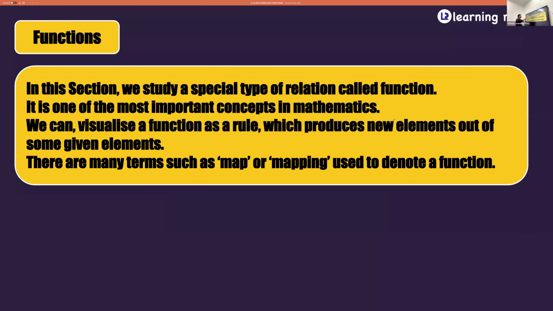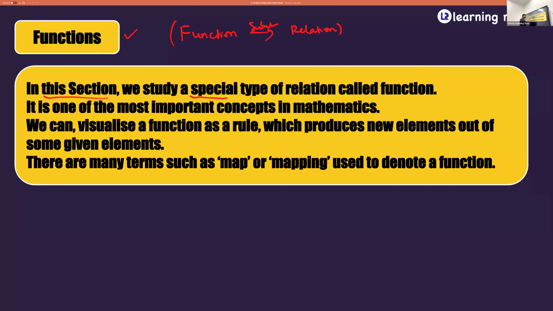The next topic we are going to see is functions. In this section, we will study a special type of relation. Understand that a function is obtained as a subset of a relation.